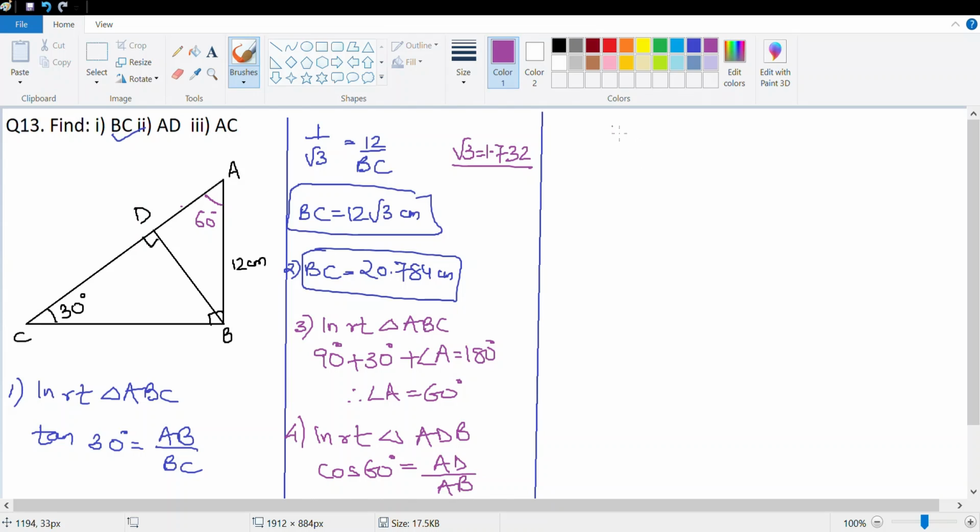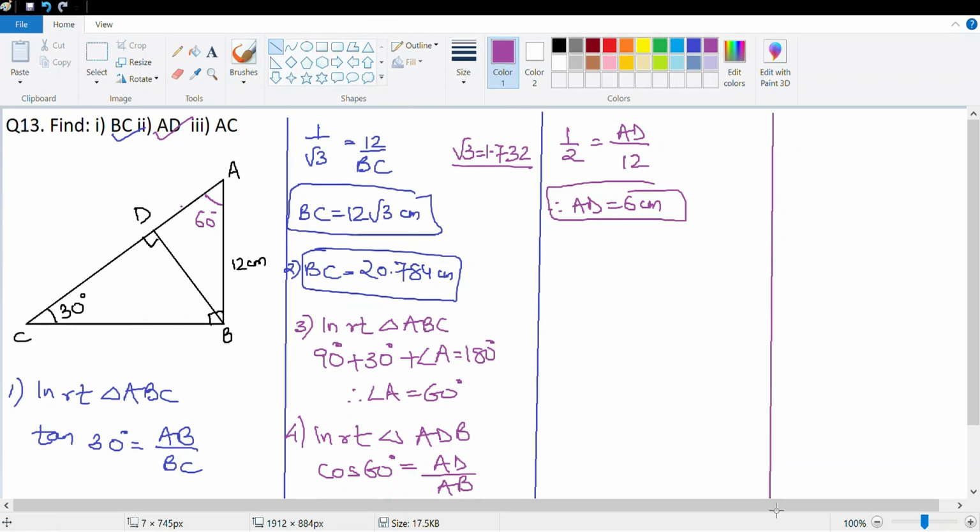The value of cos 60 degree is half. So half is equal to AD, which we do not know, upon AB, which is 12. Therefore, AD is equal to 6 centimeter. So the second part of the question is done. AD is equal to 6 centimeter.